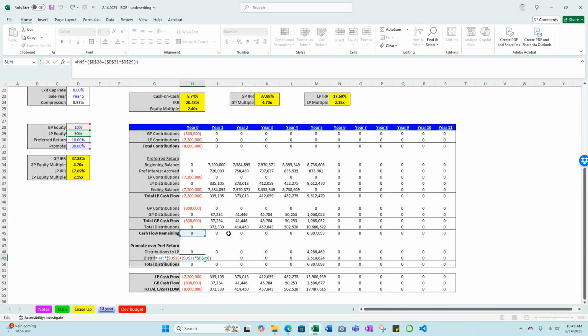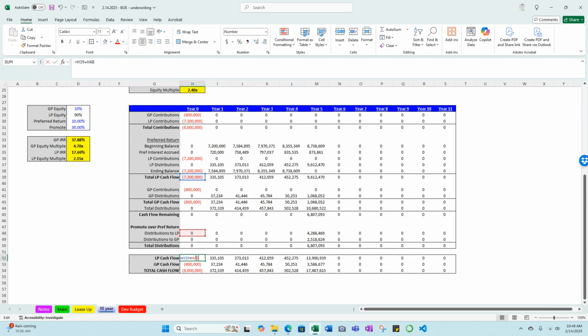This takes the cash flow remaining times the GP equity percentage plus the promote times the LP equity percentage. Simply just sums them together. LP cash flow is pretty straightforward.